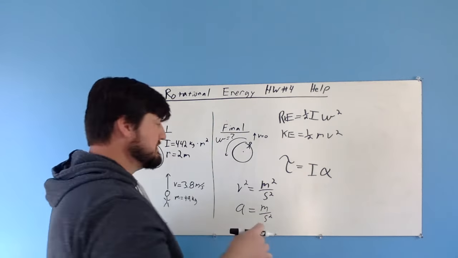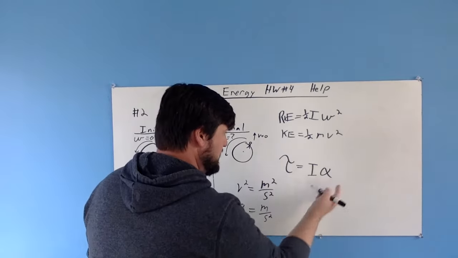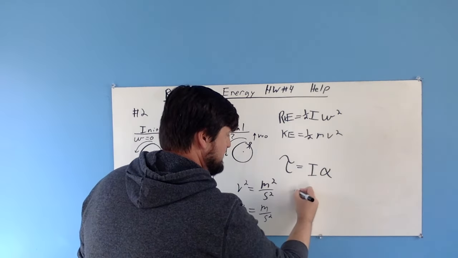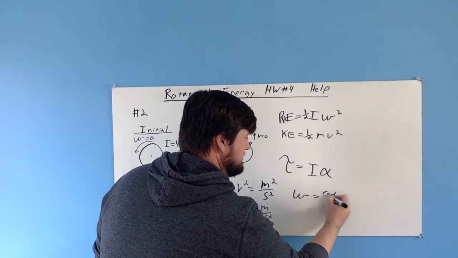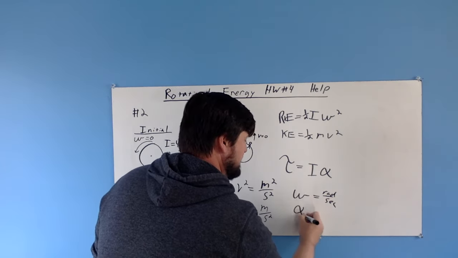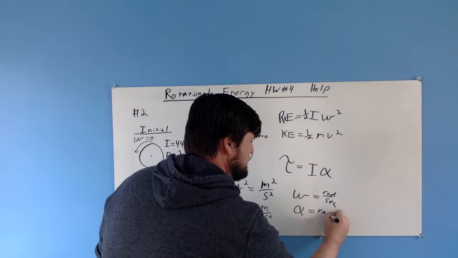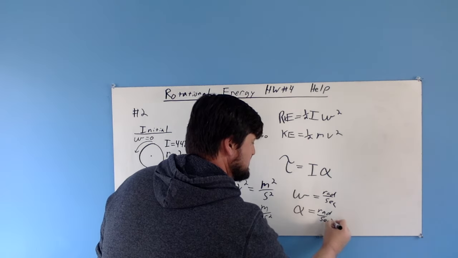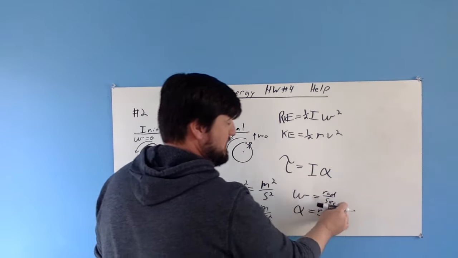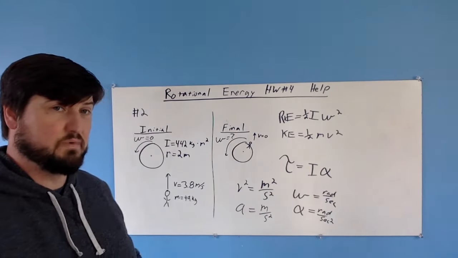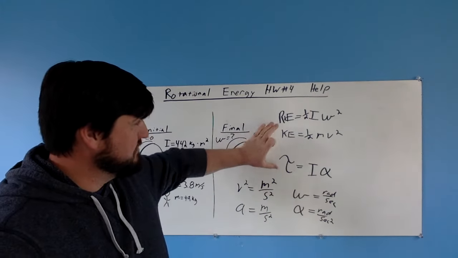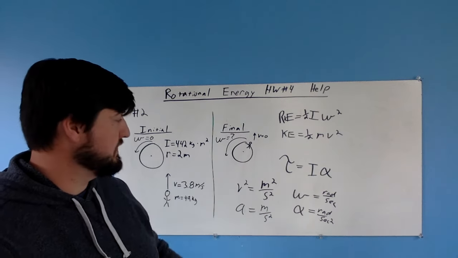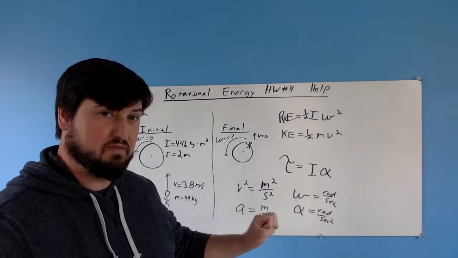But check this out, for rotational stuff, omega is in radians per second, and alpha is in radians per second squared. If you square omega, you get radians squared over second squared. You're basically almost there. So torque and rotational kinetic energy are really, really closely related.